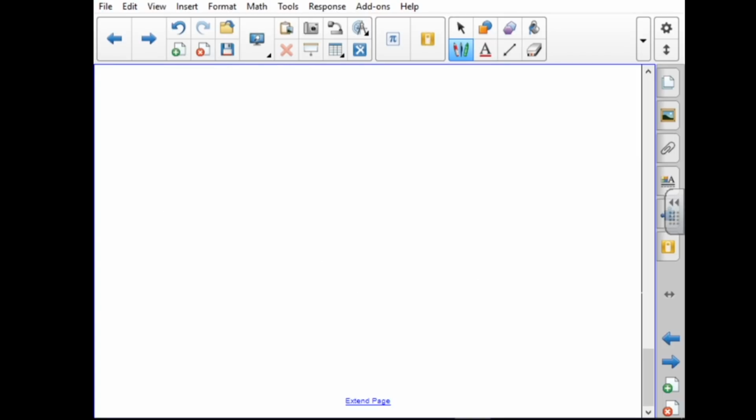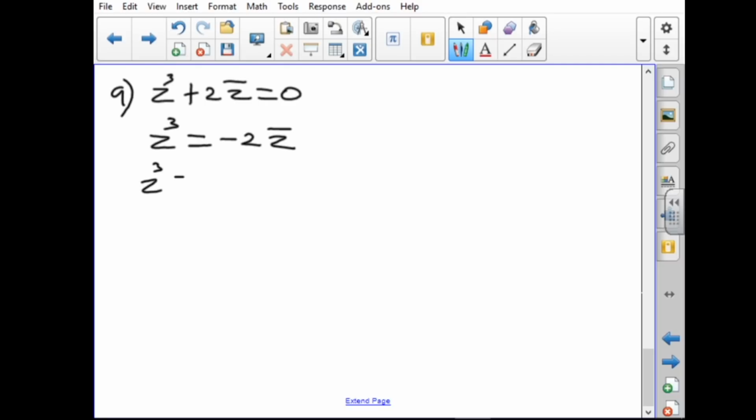Now, coming to question number 9. Show that the equation Z cube plus 2Z bar equal to 0 has 5 solutions. So, we have to prove this has 5 solutions. From this we can write Z cube is equal to minus 2Z bar. Take modulus on both sides.